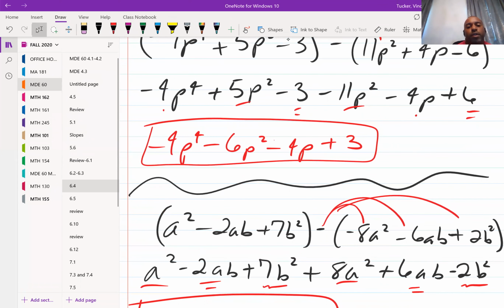We have a squared minus 2ab plus 7b squared minus negative 8a squared minus 6ab plus 2b squared.